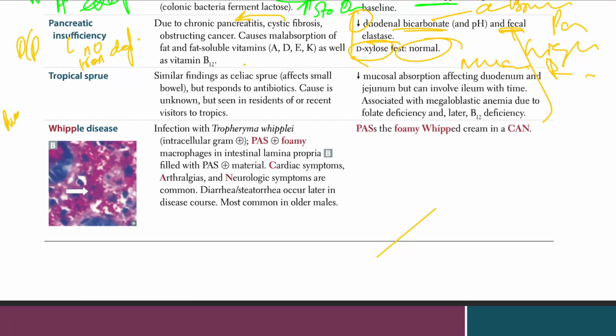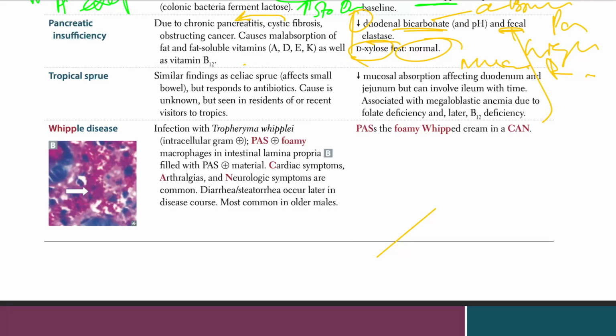That's why in celiac, you have the iron deficiency. But here you have no iron deficiency and you have a normal D-xylose test. In celiac, you have iron deficiency and you have an abnormal D-xylose test. Right? Great.